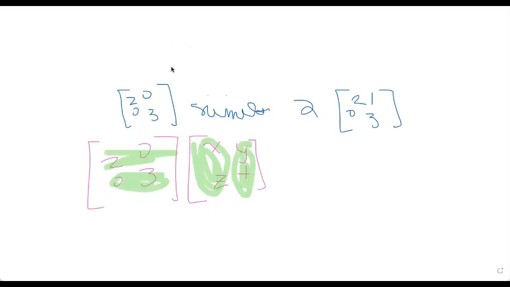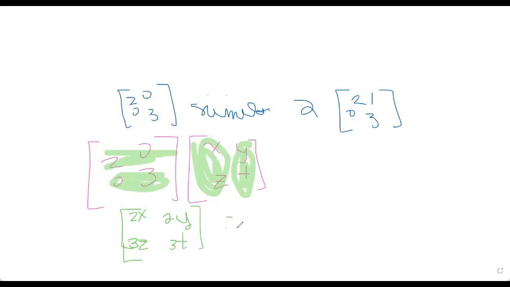And it would yield this matrix: 2x, 2y, 3z, 3t.